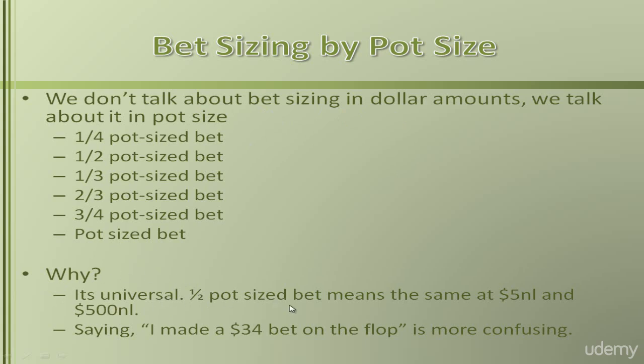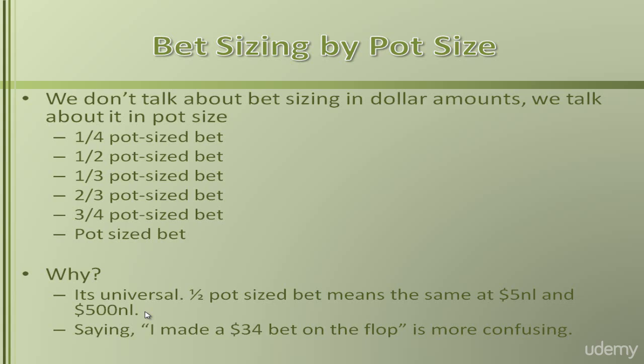So a half pot size bet means the same thing at 5NL and 10NL when we're doing analysis and looking at the mathematics of it, versus somebody saying I made a $34 bet on the flop. That's more confusing. So the point that you need to take away from this is that when you're discussing poker hands with other players, talk about it in terms of the percentage of the pot size. You know, I made a 2/3 pot size bet on the turn, and villain jammed all in for another pot size bet.